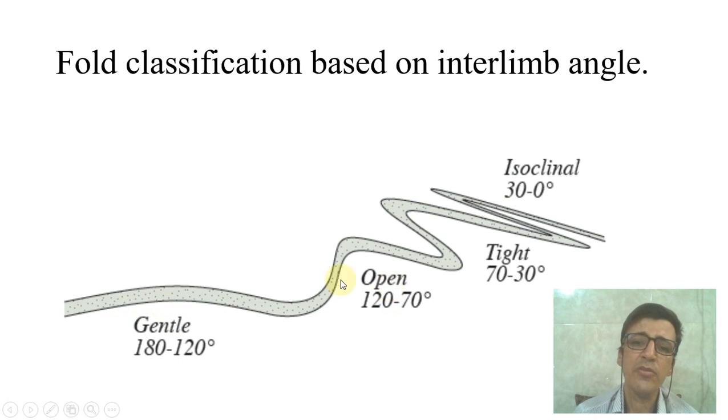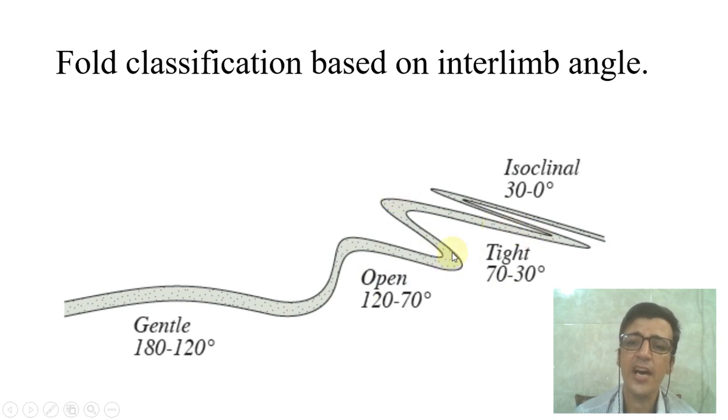In the open fold, you can see the pressure is increasing. We have a higher rate of pressure, and the interlimb angle decreases from 120 to 70.